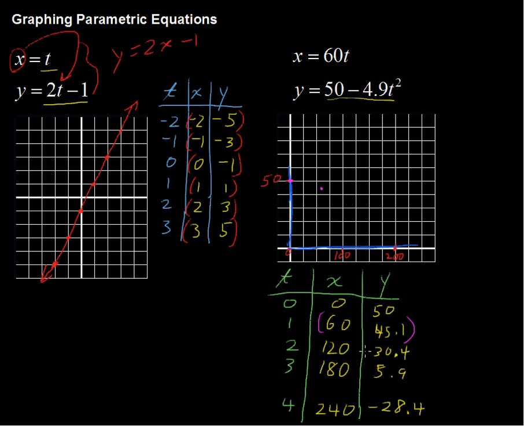Then we have 120, 30.4. That's about here. And then we have 180, 5.9. 180 would be right about here, and then 5.9 is way down here. And then we've got something interesting, 240, negative 28.4.